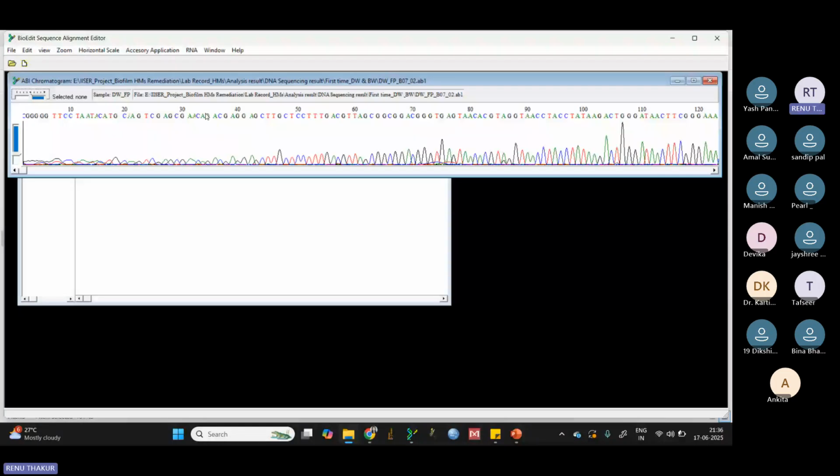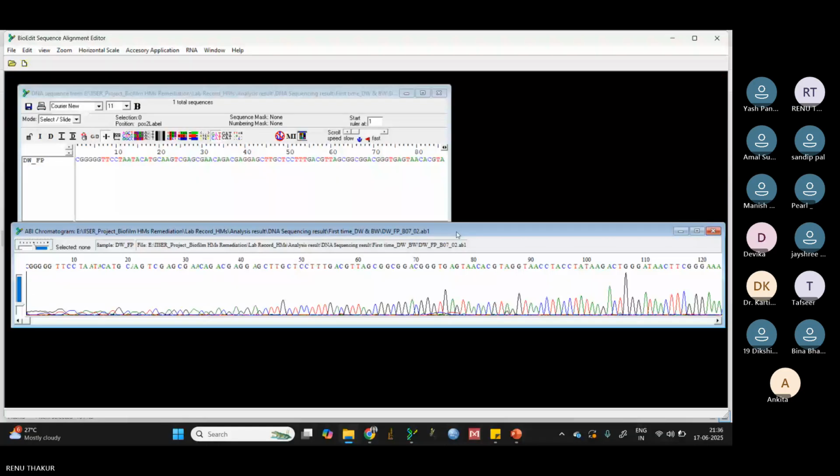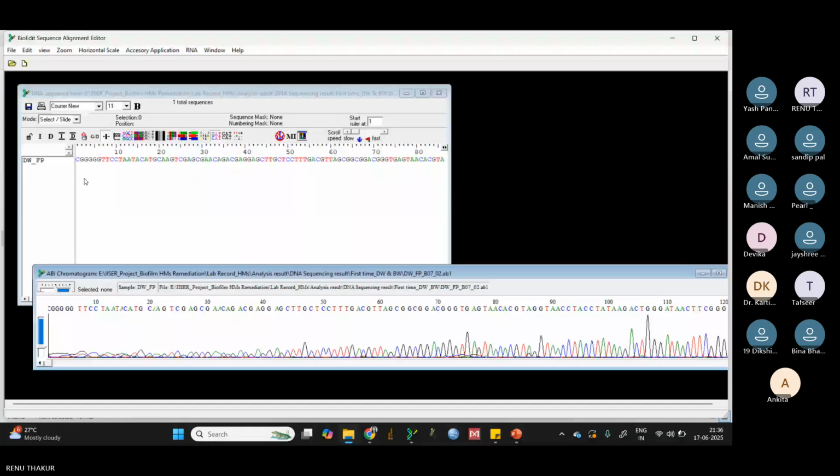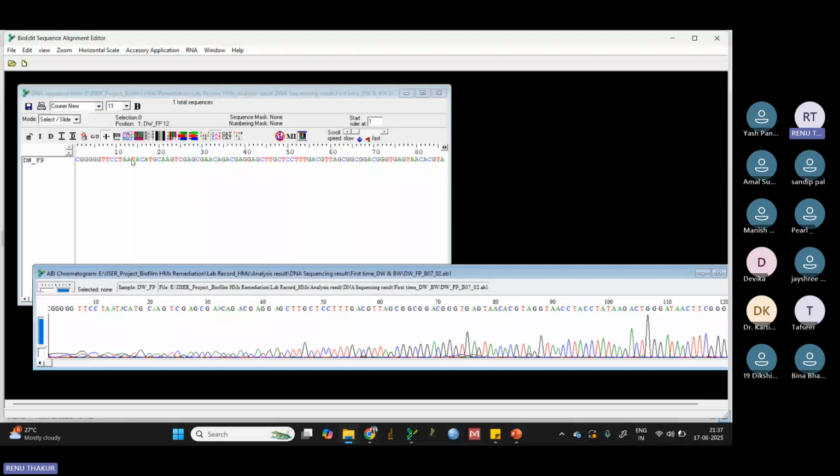So this is the sequencing result you got. You can see these stretches of nucleotides, starting from C, G, G, G, G up to the last. This is known as the chromatogram, the peak thing you have received.